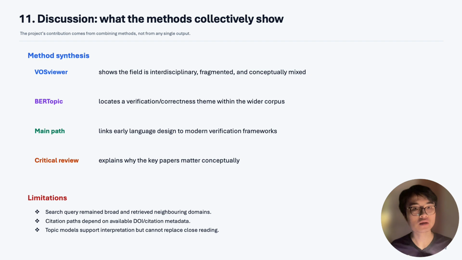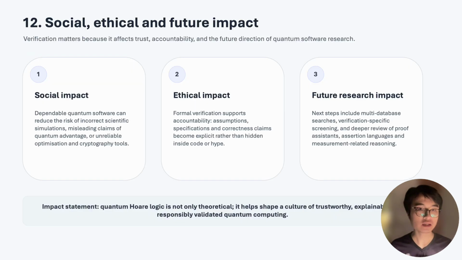Next is the social impact. If quantum software is used in areas like chemistry simulation, optimization, or cryptography, incorrect programs could lead to misleading results or false confidence in quantum advantage.